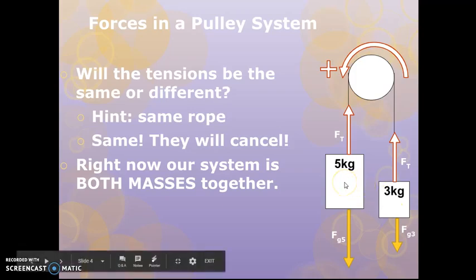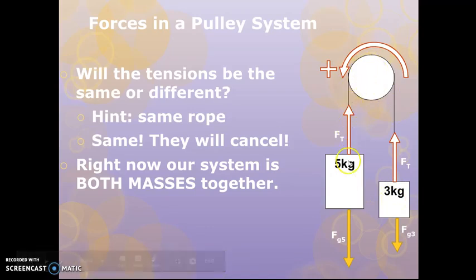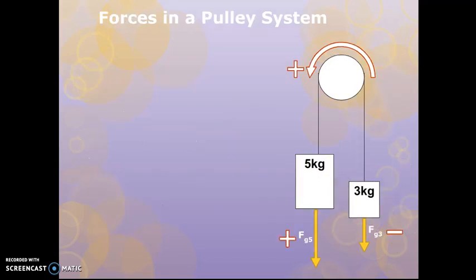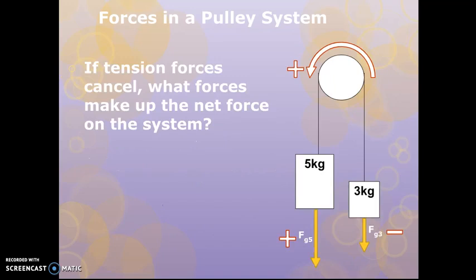If our whole system is both of these masses and this rope, the tension forces are currently internal to the system, so they are not external forces. So we wouldn't want to count them when figuring out our net force on the whole system. The forces that are acting on the whole system are just these two forces of gravity, which we can write our equation out for and start solving for our values.